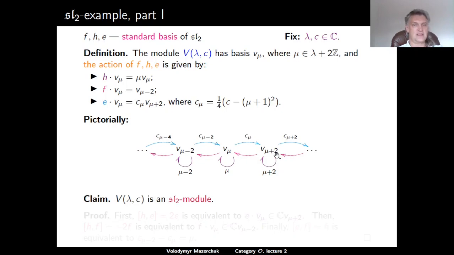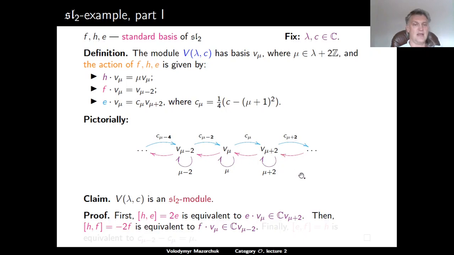Claim: this V lambda c is an SL2 module. So for SL2, we need to check three defining relations. The fact that the bracket of H and E is equal to 2E is equivalent in this module to the fact that E maps each v mu to a linear span of v mu plus 2. The defining relation that the commutator of H and F is equal to minus 2F is equivalent to the statement that F sends each v mu to a scalar multiple of v mu minus 2.